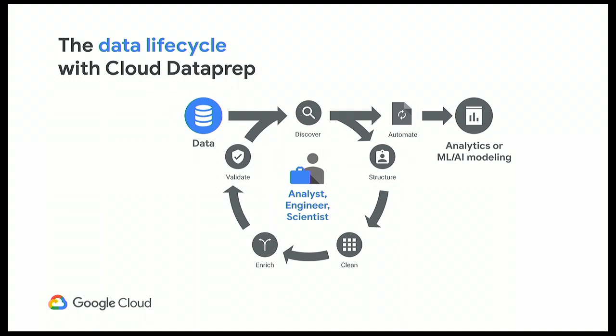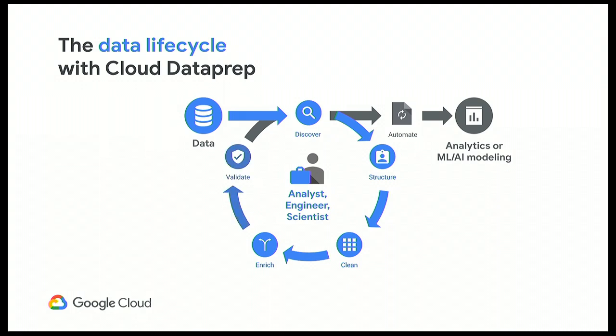So let's start off with the data prep lifecycle. This is just a quick diagram for that. Right? Starting off on the left here, you're starting off with raw data. The goal is then to discover what's inside of it so that you can structure and clean the data, right? And then clean the data, remove obvious data quality errors so that you can then go to the enrich phase where you're combining it, joining it, aggregating, basically transforming the data to what you need.